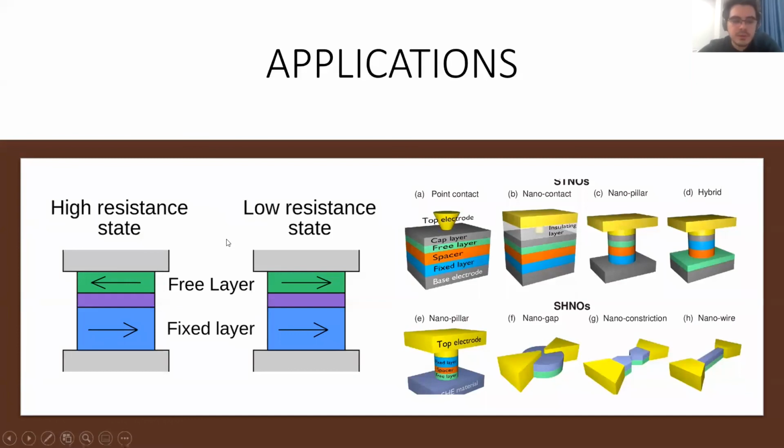And also, exchange bias materials are used in spintronic technologies like magnetic tunnel junctions and spin-torque nano-oscillators. All of these devices have fixed layers inside them, which is just the exchange bias system with a ferromagnetic and antiferromagnetic bilayer system.